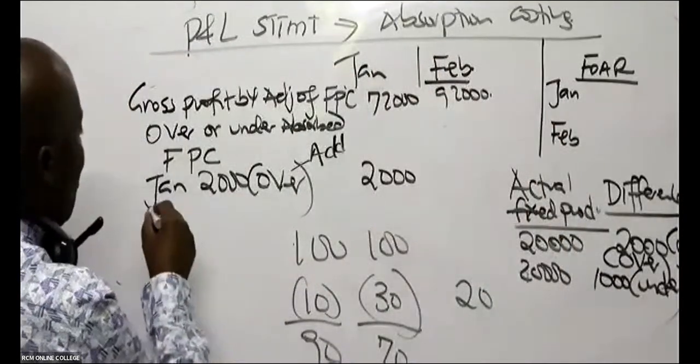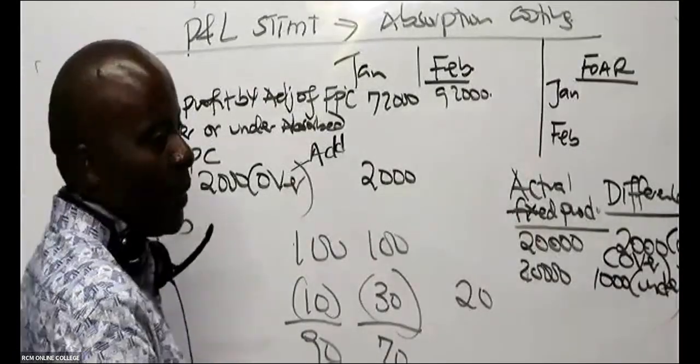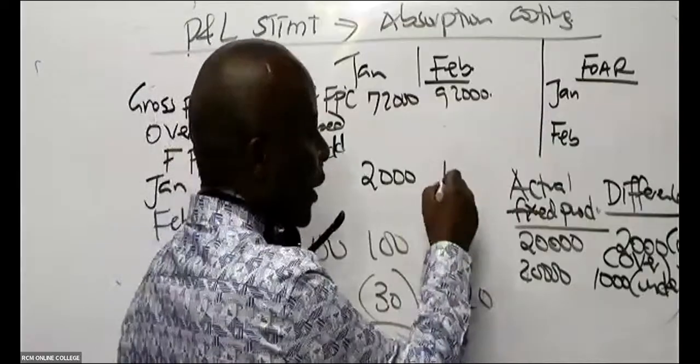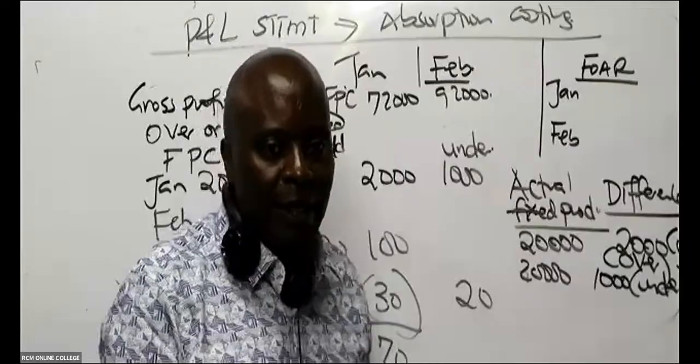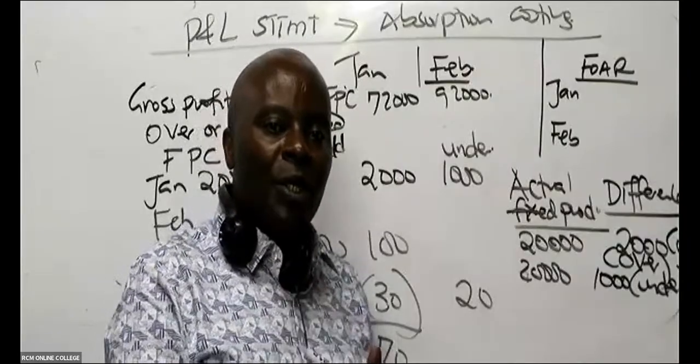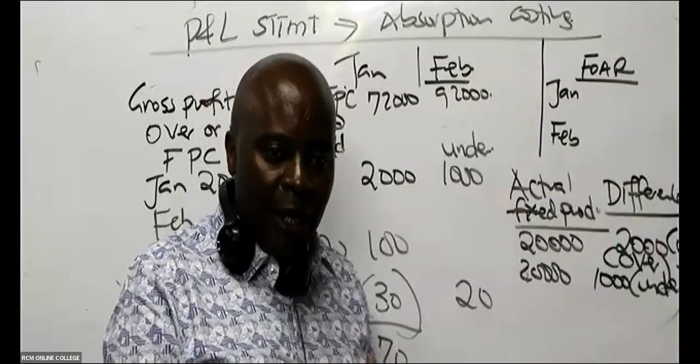And then now we have February. So February, how much? February is 1,000. And it is what here, somebody? It is under, isn't it? So whenever an expenditure is understated, what does that really mean here?